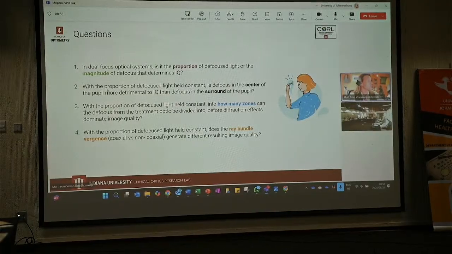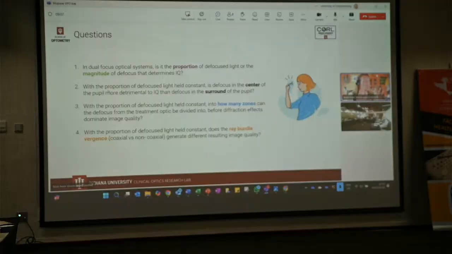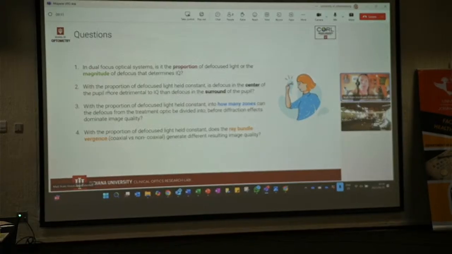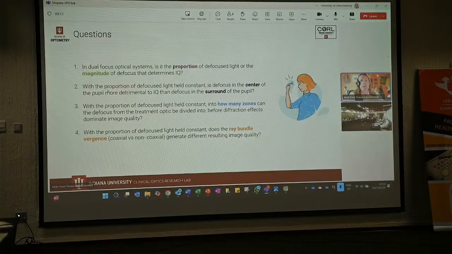The first question: is it a multifocal or maybe dual focus optical system? Is it the proportion of the defocused light, or maybe the magnitude of the defocus that is the more meaningful optical effect?